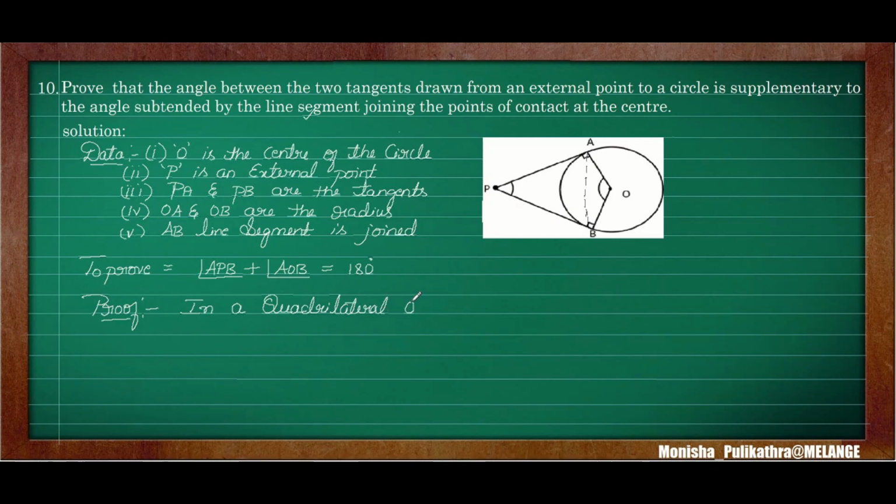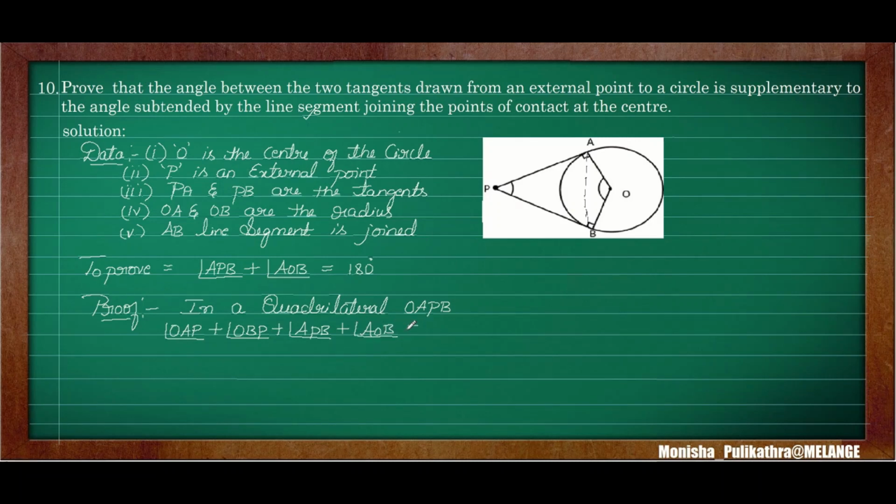So in quadrilateral OAPB, we can write all the angles here. One is OAP plus OBP plus APB plus AOB.